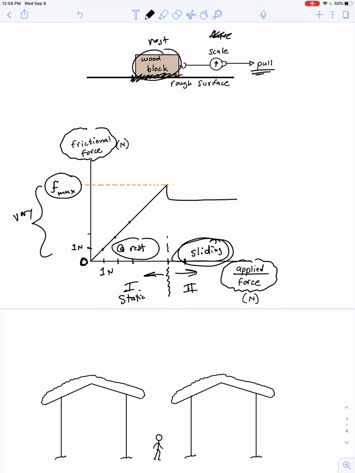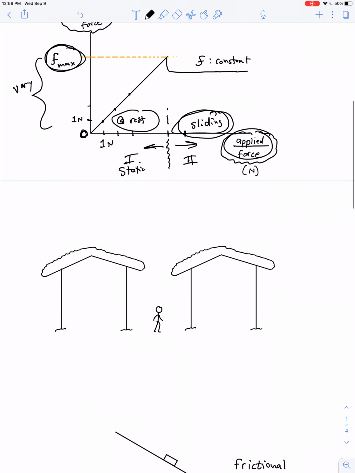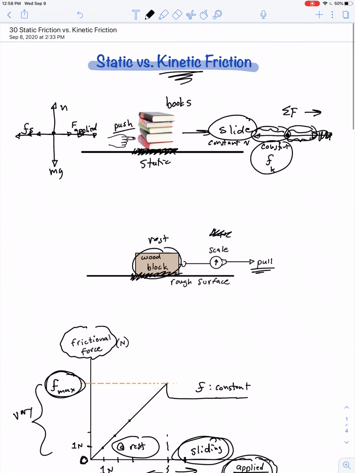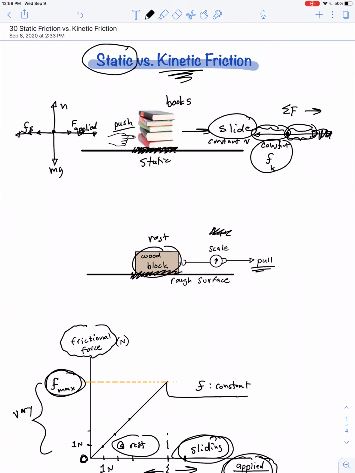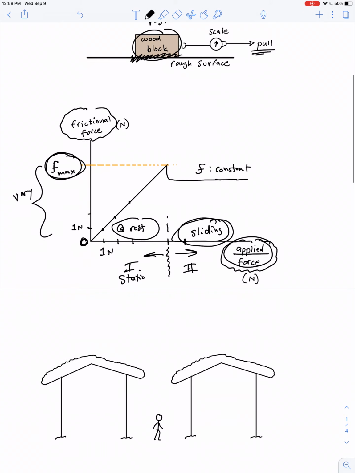And in that case, the frictional force is something lower than the maximum value and remains constant regardless of how much applied force I give. So we say there's a difference between static friction and kinetic friction. Static friction varies, kinetic friction is constant. The maximum value of static friction is greater than the constant value of sliding friction.